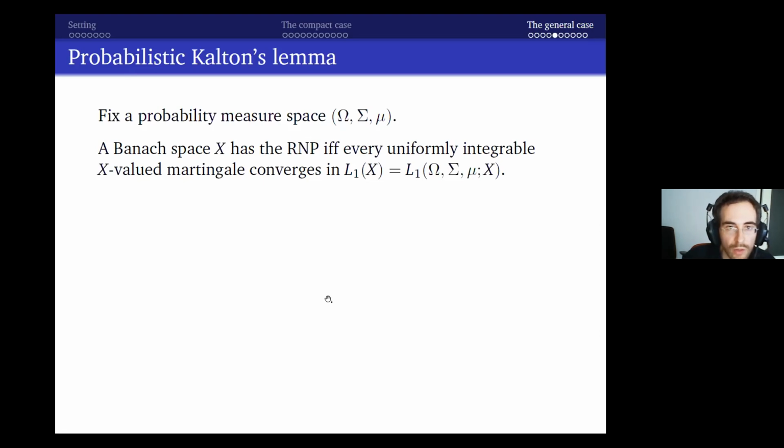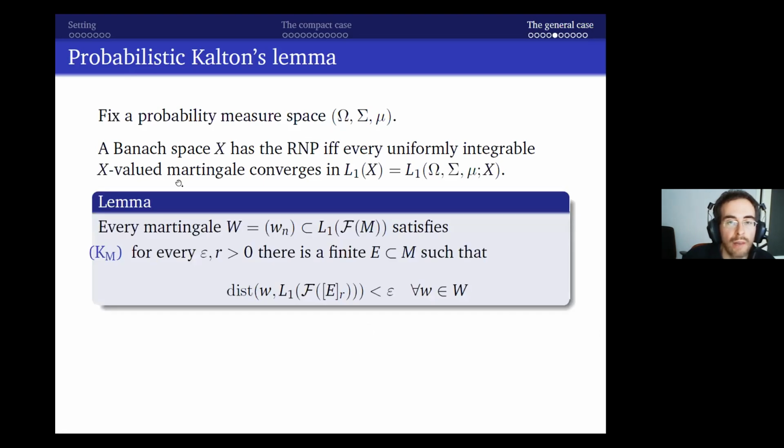Okay, then we can do a similar treatment like in the case of the Schur property. A probabilistic version of Carlton's lemma states that every martingale satisfies this condition here, which is sort of a mean Carlton condition. It's exactly the same, but here we are replacing the free space over this subset of M with the L1 space over this free space. So this would be measurable functions on omega that take values not in the whole free space, but rather in the free space over this subset here.